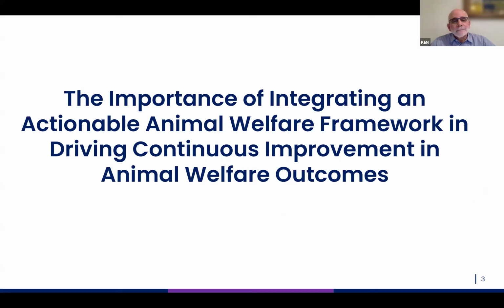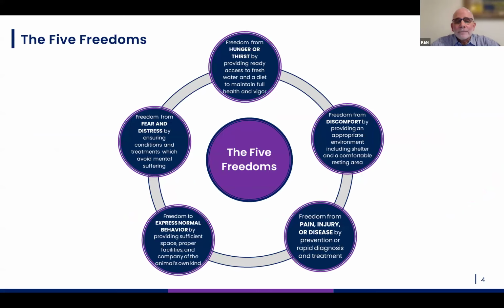So again, to start off, the importance of an actionable animal welfare framework. The 5 freedoms have been around for decades. As I mentioned, a lot of organizations call out the 5 freedoms in their animal welfare statements, and they acknowledge the importance of the 5 freedoms, and they certainly have been important in developing animal welfare programs and animal welfare culture.